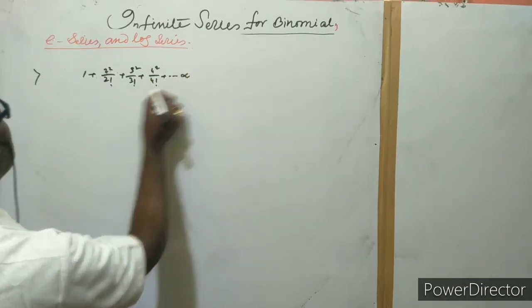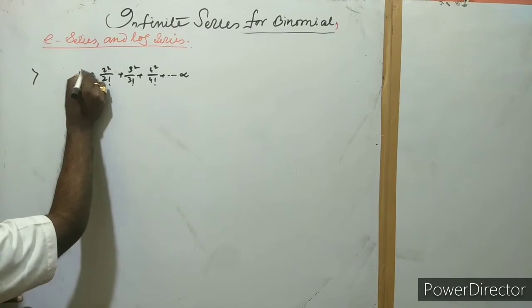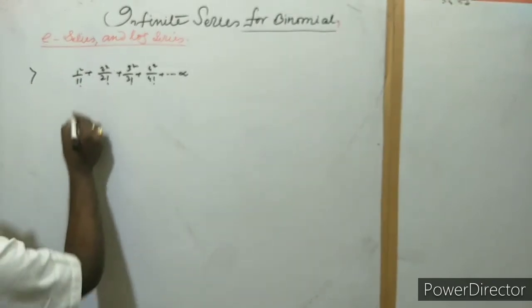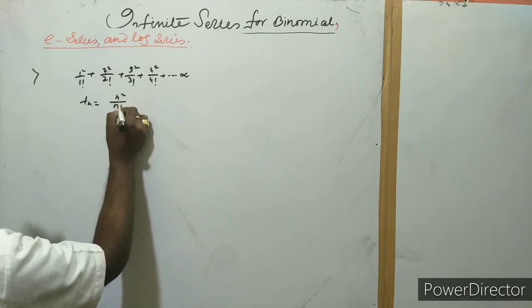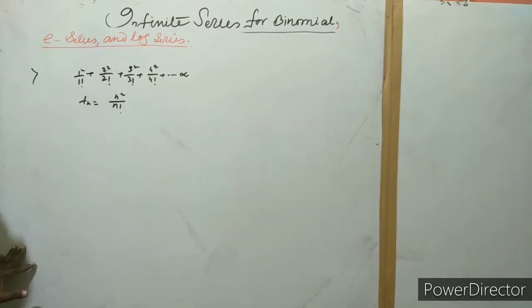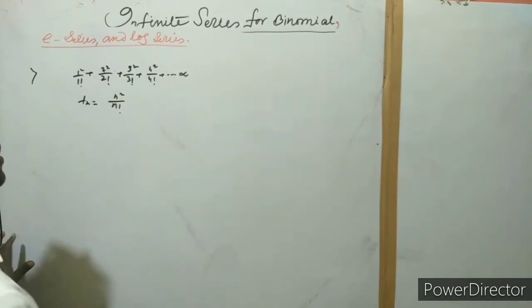In that case, we can write here 1 square by factorial 1 also. In the same manner, the general term is n square by factorial n. In place of n, if we put 1, 2, 3, then we get this series.